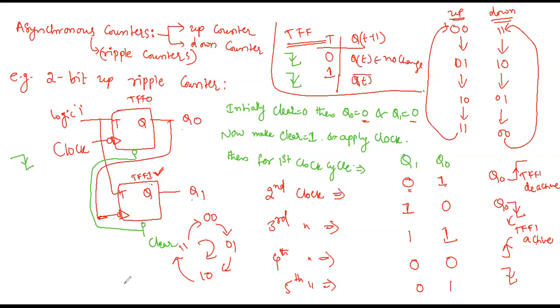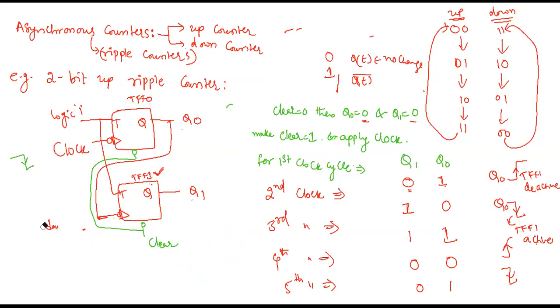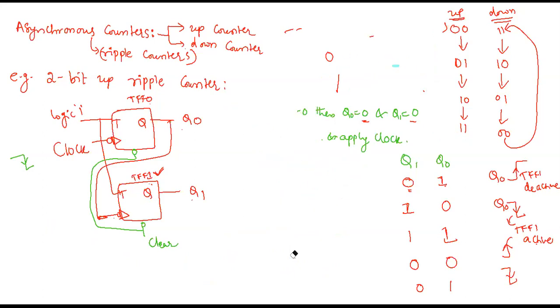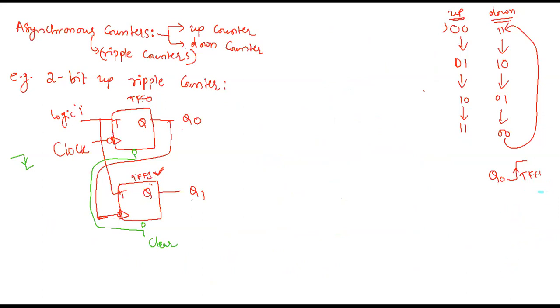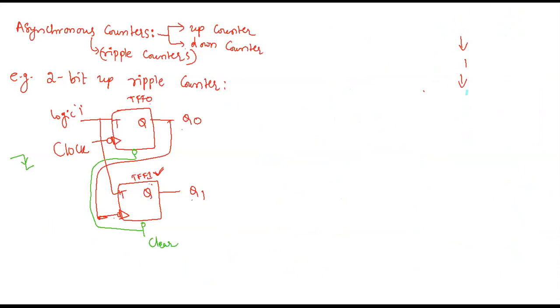Okay. Now how to design a down counter? The 2-bit down ripple counter.